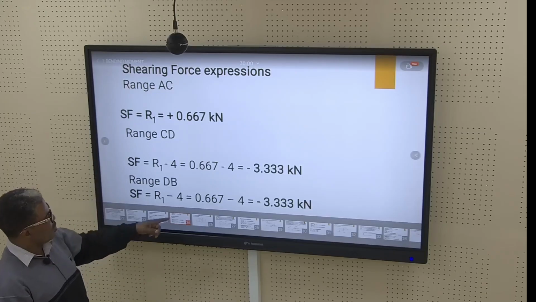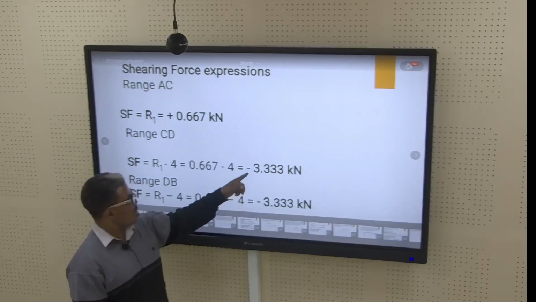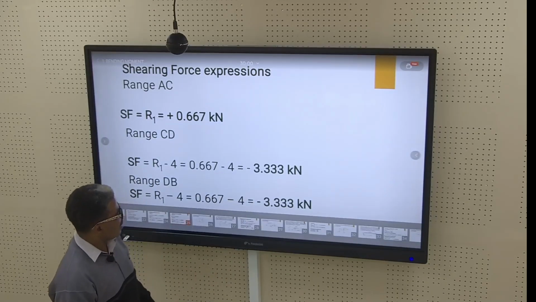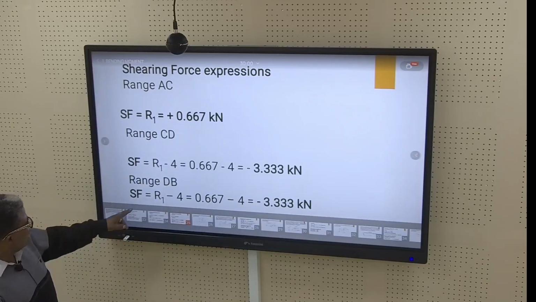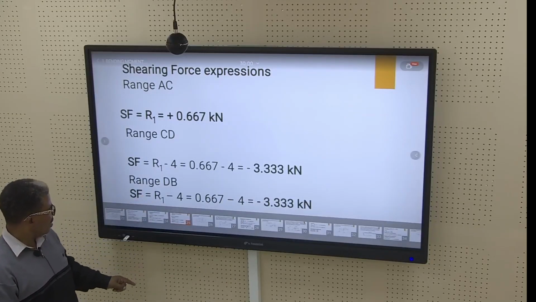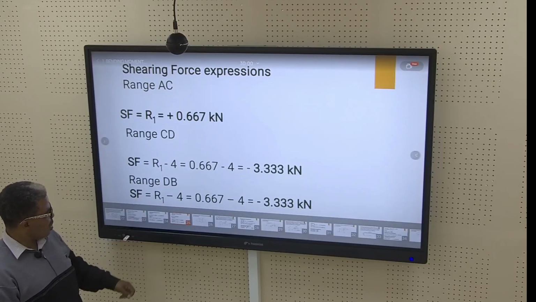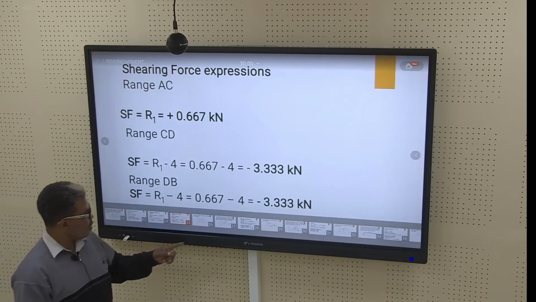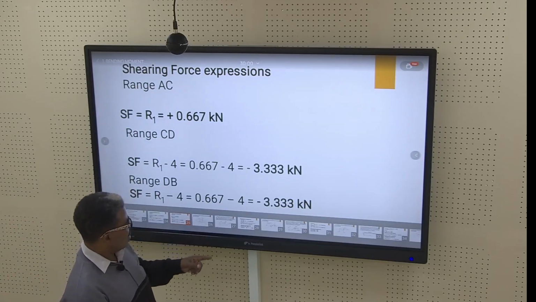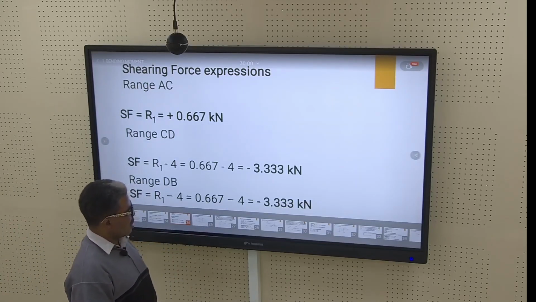So you remain with the downward, which is 3.33 kilonewton. At the range of DB, take R1 minus 4, which is 0.66 minus 4, gives you minus 3.33 kilonewton.